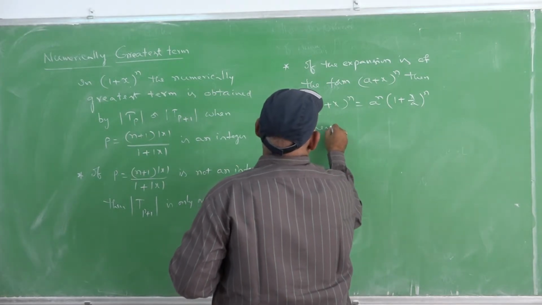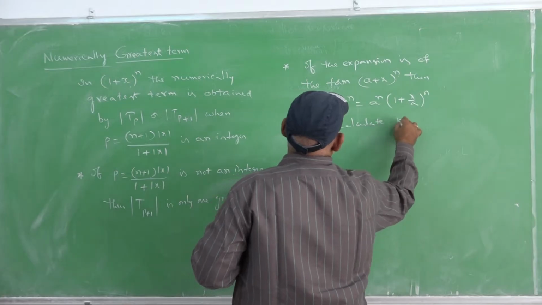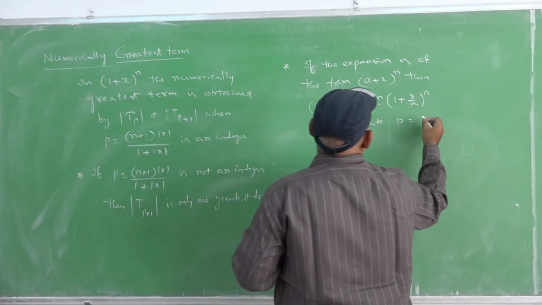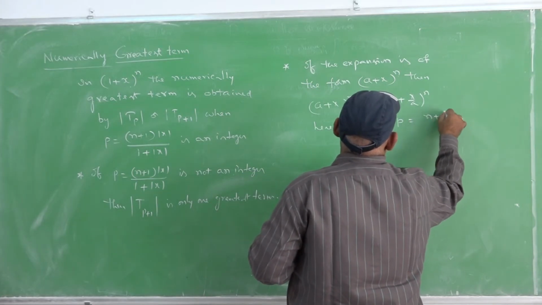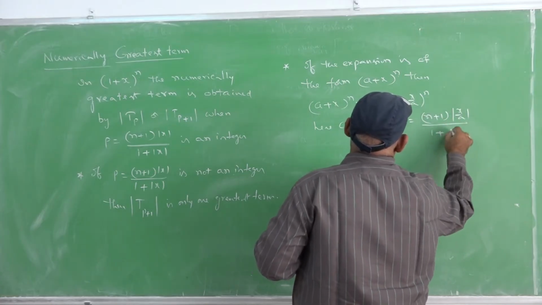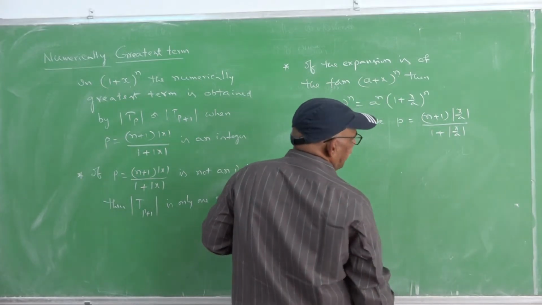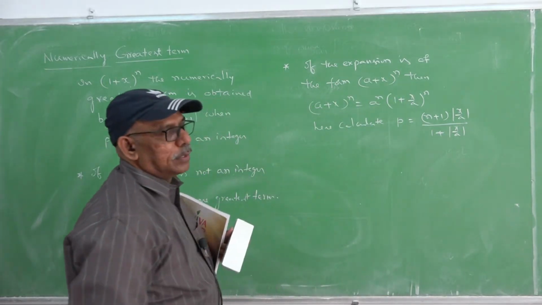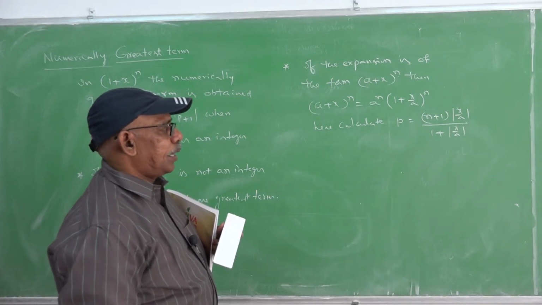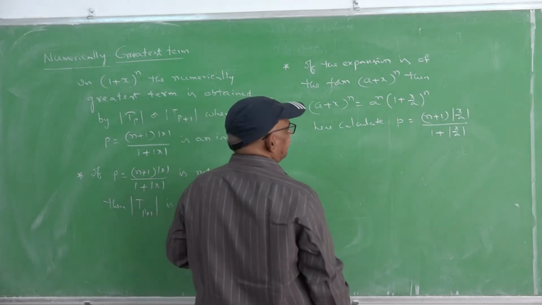Here calculate p = (n + 1)|x/a| / (1 + |x/a|).